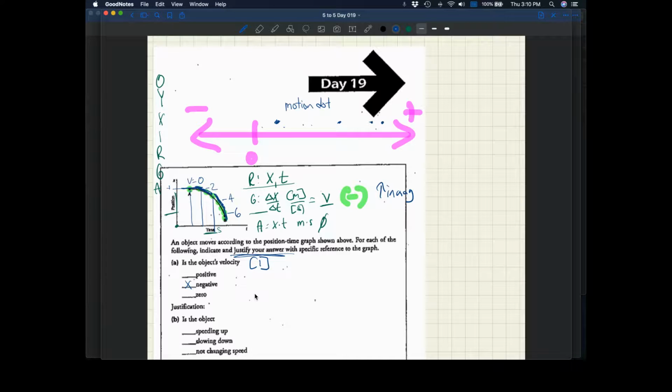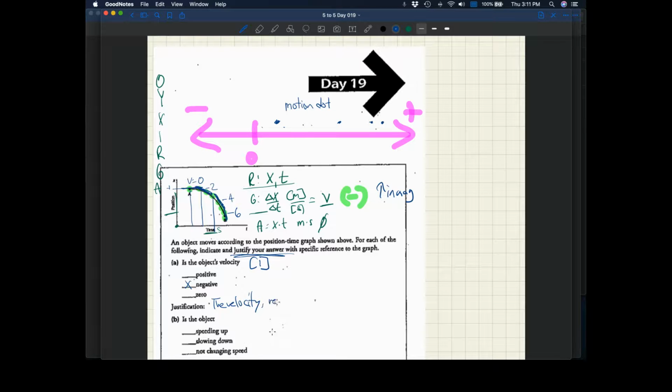And that's very, very important. And again, that's due diligence. That's not being indolent. It's about focusing on precision here, because the justification is what matters. Many students fall down on that. They don't do what's being asked. So the velocity is negative.